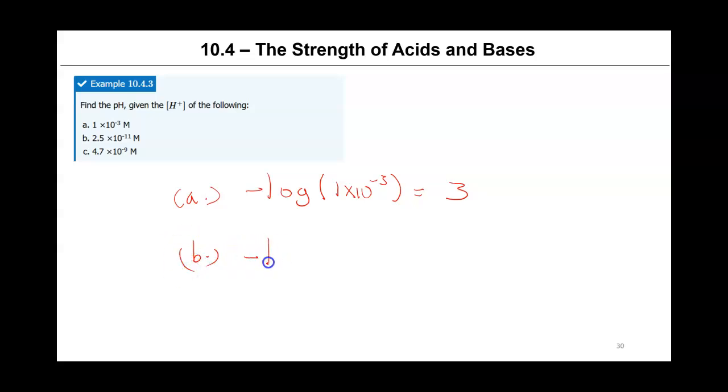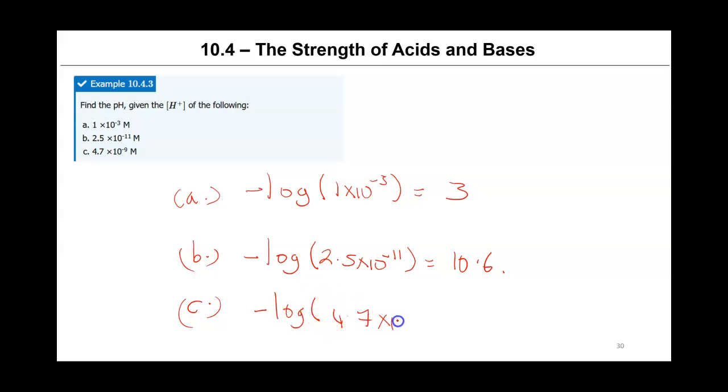So you're going to do negative, not subtract, but the negative symbol, log of 2.5 by 10 to the minus 11. We'll put that into the calculator. Go, and last but not least, negative log of 4.7 by 10 to the minus 9.